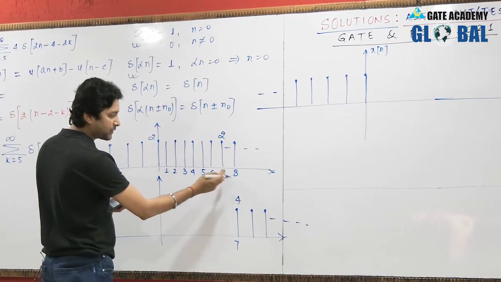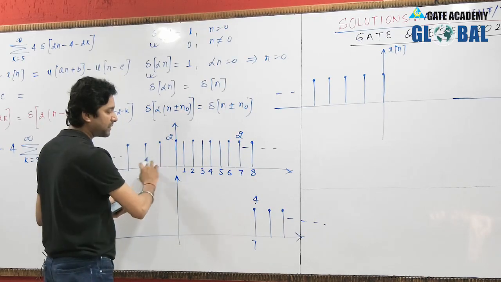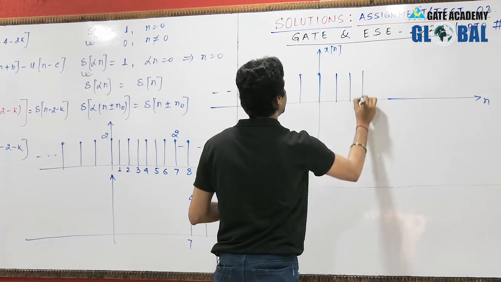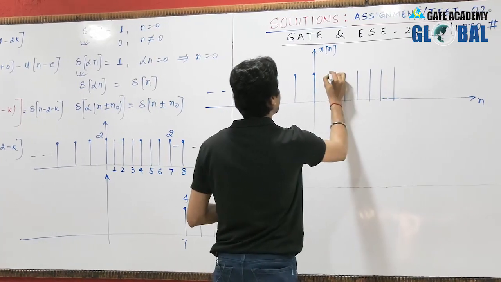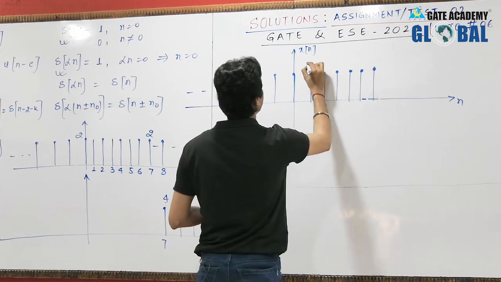Before n equals 7, all the values will be 2 minus 0, that is 2. Therefore, for n from minus infinity to 6, the value of x of n is 2.